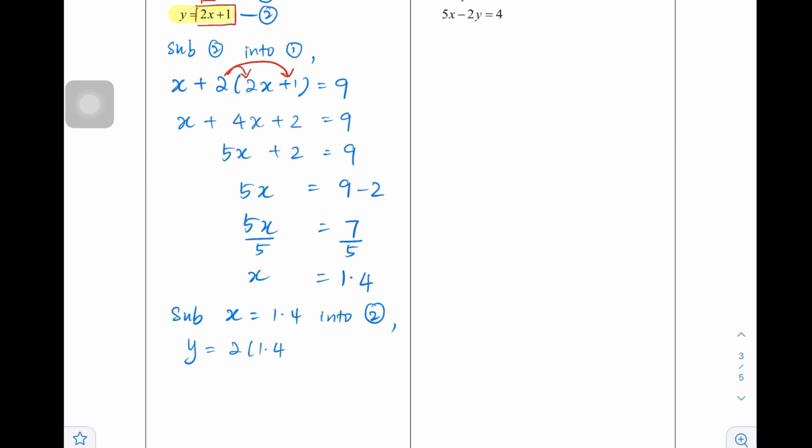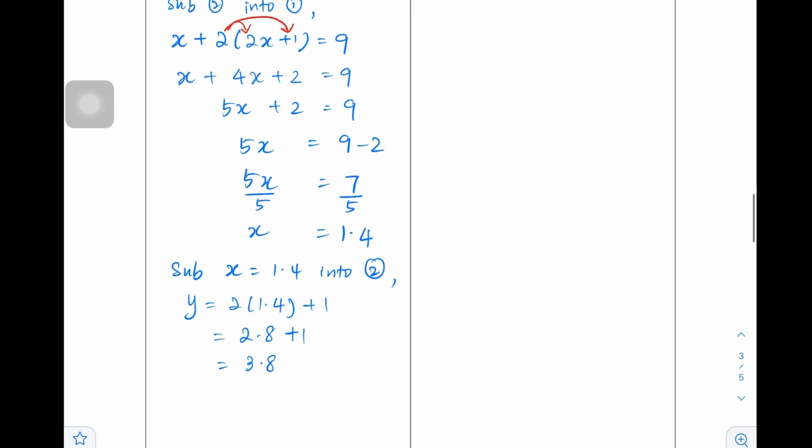So I can substitute x as 1.4 into the equation, and then I can easily calculate what y is. I'm going to have 2 times 1.4, which gives me 2.8, plus 1. So y is 3.8. Therefore, I can write the answer as x equals 1.4 and y equals 3.8. So that's the first example.